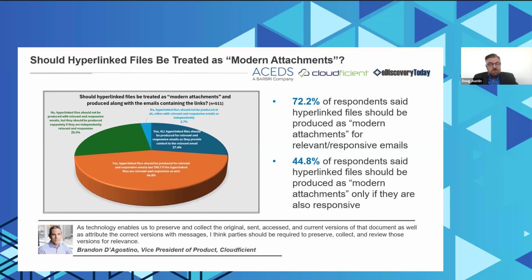So very interesting results there. So Rich, are you surprised by these numbers? And what do you think about the fact that almost half of respondents think hyperlinked files should be treated as modern attachments and be produced, but only if they're also relevant and responsive?